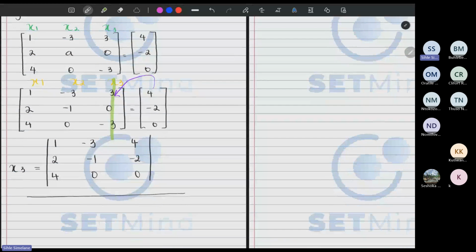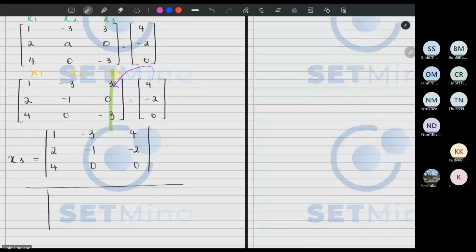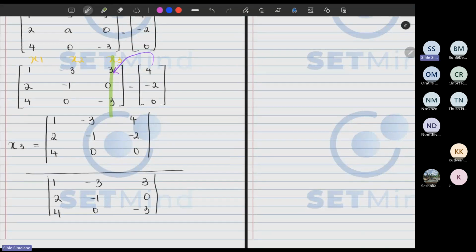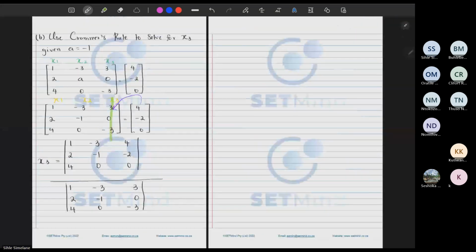The original matrix is the one which has the 1, -3, and then a 3, a 2, -1, 0, a 4, 0, -3. Do we have anyone in the meeting with a question on how we performed this Cramer's rule operation? Anyone?